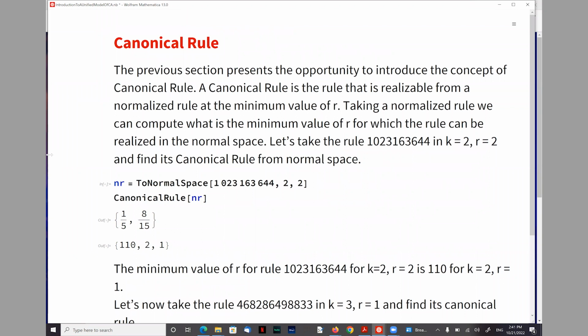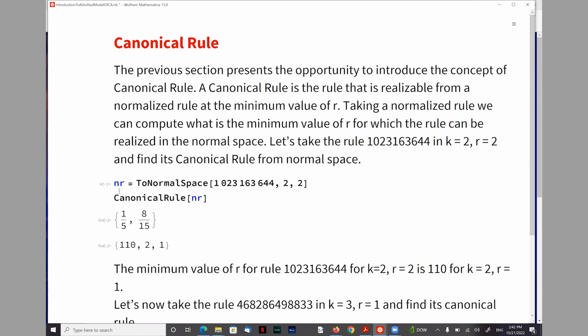So that then allows us to define what we call the canonical rule. The canonical rule basically says, what is the minimum range of value of R under which we can realize a particular normalized rule? So in the case of this, when you take this one to normal space, it's, of course, 110.